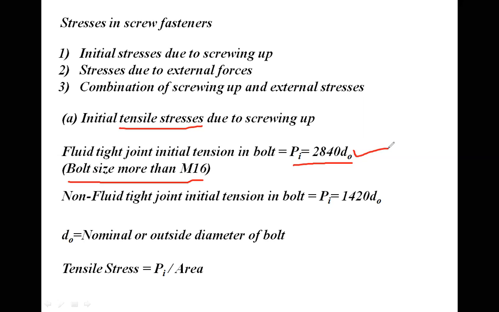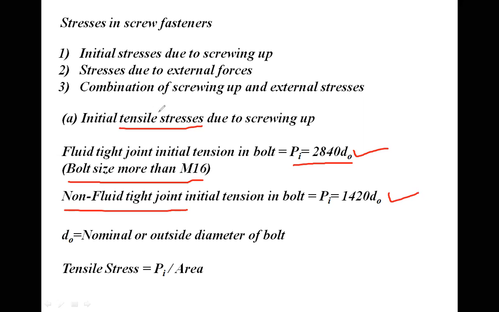So the initial tension on the bolt because of a fluid tight joint is 2840 D0. This much tension we have to consider for a fluid tight joint. If it is a non-fluid tight joint, you must consider initial tension equal to 1420 times D0. D0 is the nominal or outside diameter of the bolt.